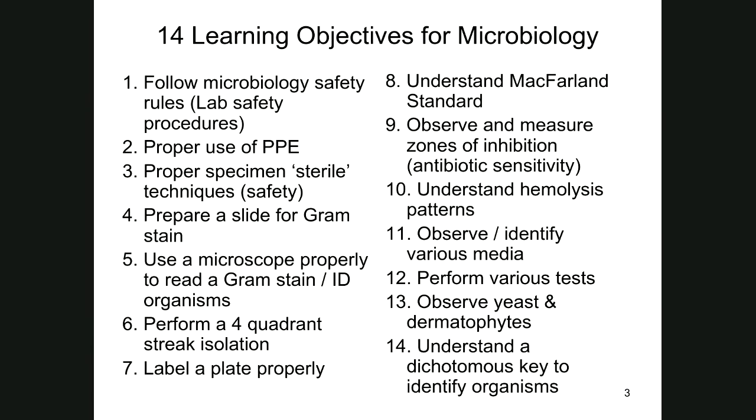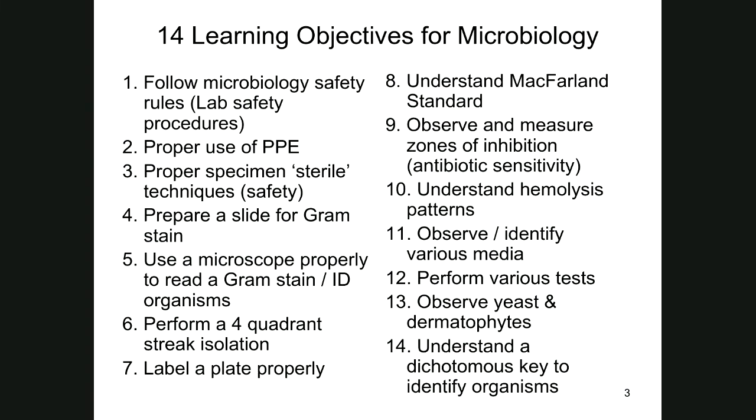How to use your microscope properly and how to read that gram stain and identify organisms. And again, we go into organisms very thoroughly, albeit quickly, but thoroughly next week. How to perform a 4-quadrant streak isolation, how to label your plate properly. Understanding what a McFarland standard is, observing and measuring what are called zones of inhibition that go along with the McFarland standard.